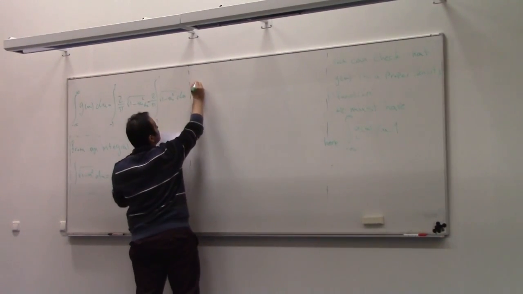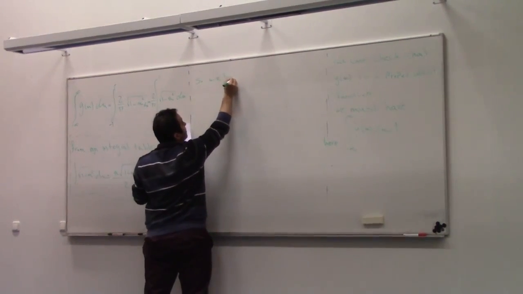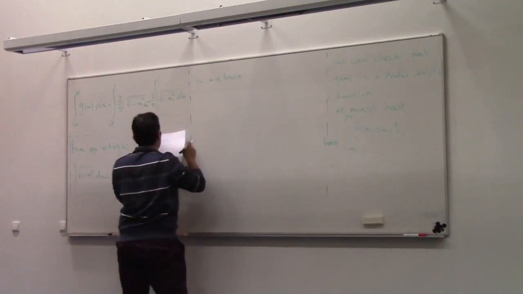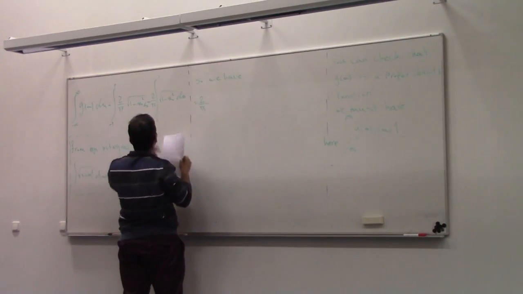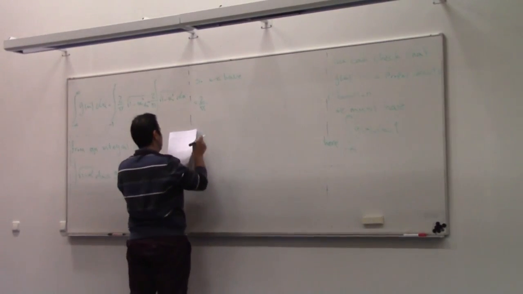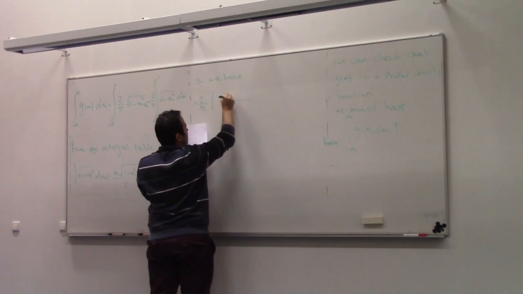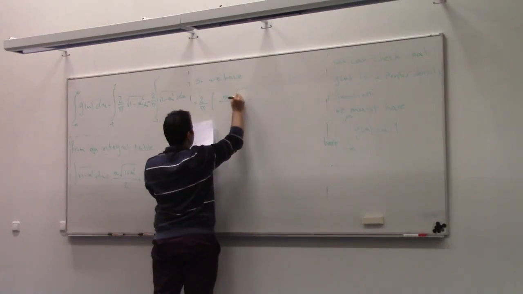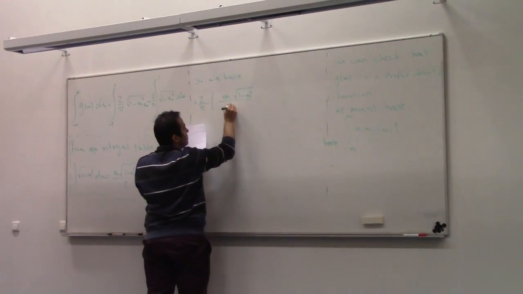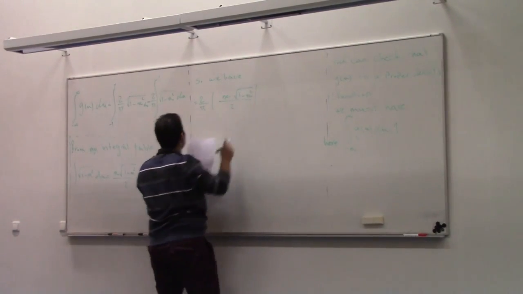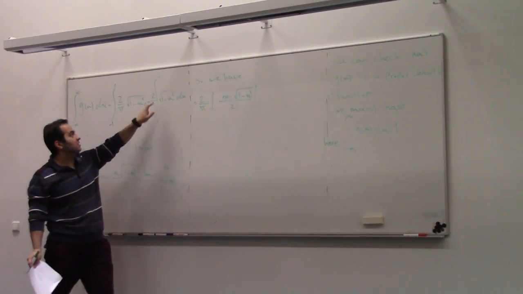So we have 2 over pi from here, x times the square root of 1 minus x squared over 2. You know that the range of the integral is between -1 and 1.